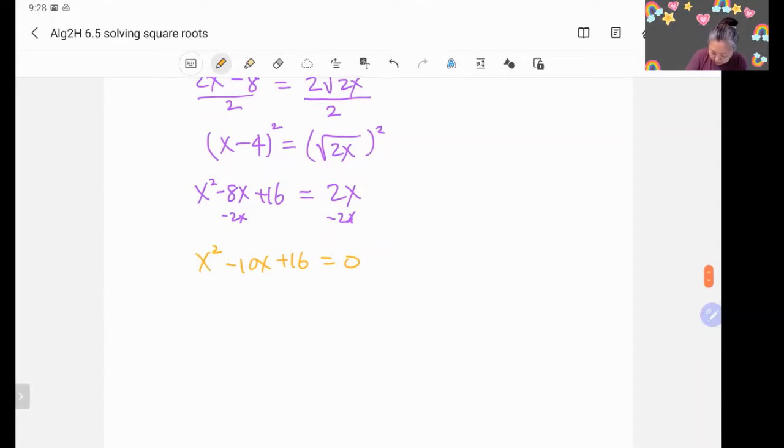Now I can factor this: x and x, and 2 and 8, and with the minus signs it will make negative 10 and positive 16. So it's good. Then to solve for x, we use the zero product rule. The first parenthesis, x minus 2, might be 0, or x minus 8 might be 0. From there, I can say x could be 2 or 8.